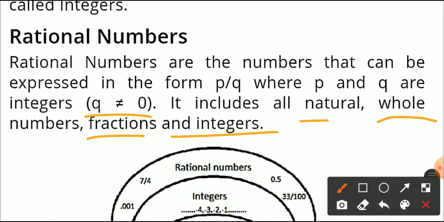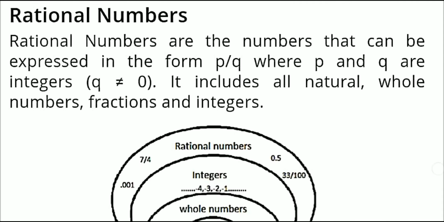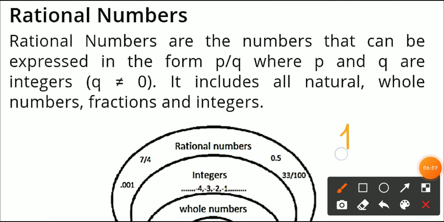Okay, now the next question arises. If the numbers in the form of p upon q are fractions, and the fraction numbers are in integers, then they are known as rational numbers. Then why are we including natural numbers and whole numbers? Natural numbers means 1, or whole numbers means 0 or 0 to 9, etc. Why are we writing like this? They are not in the form of p upon q.